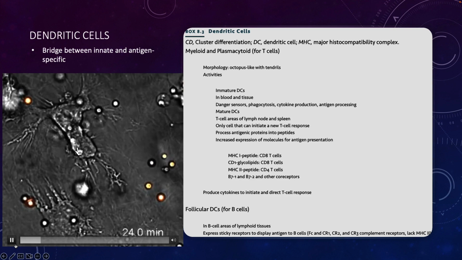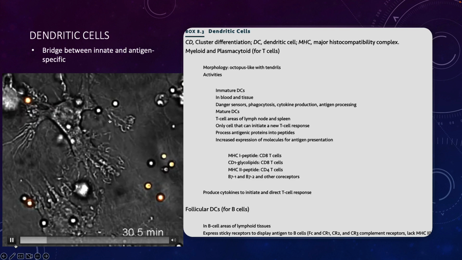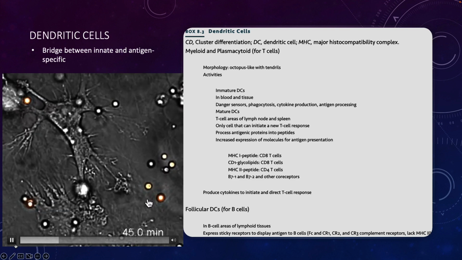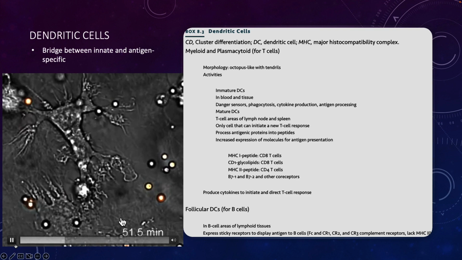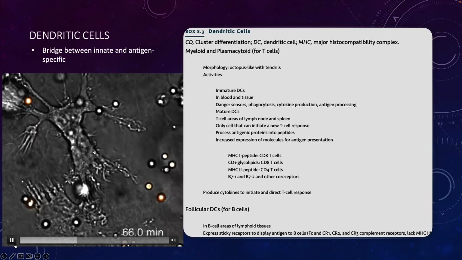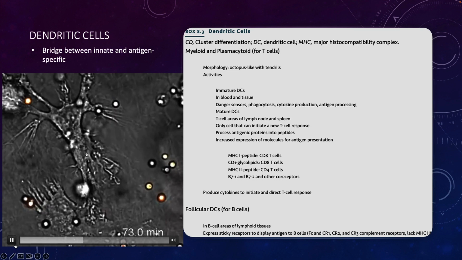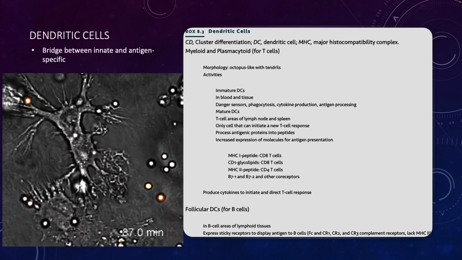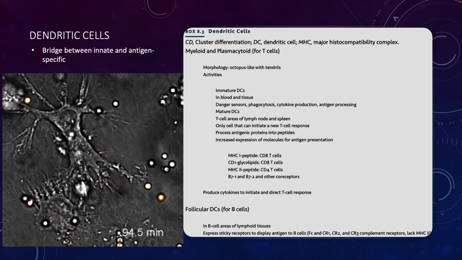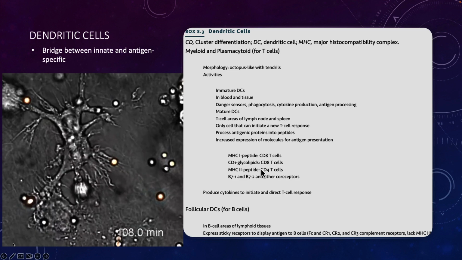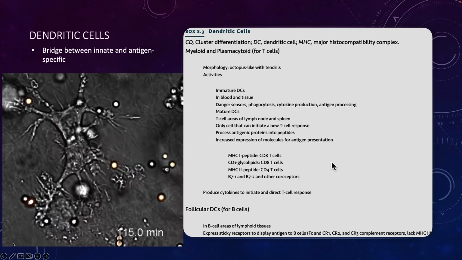These are conidia. They're a type of reproductive spore that various fungi can produce, but you see this cell is just grabbing them, bringing them in. And then the dendritic cell will present the antigens that it phagocytizes to various cells of the immune system, like CD8 positive T cells or CD4 positive T cells.